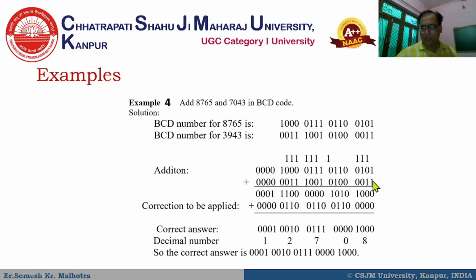1 plus 1 is 0, carry 1. 1 plus 1 is 0, again carry 1. 1 plus 1 is 0, carry 1, and so on. Similarly, in this addition, you will see that 1 plus 1 is 0 with a carry, and so on.